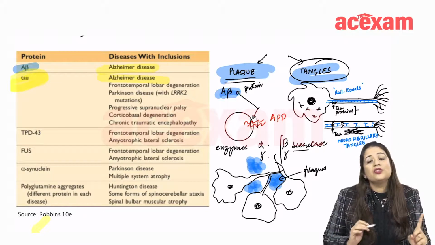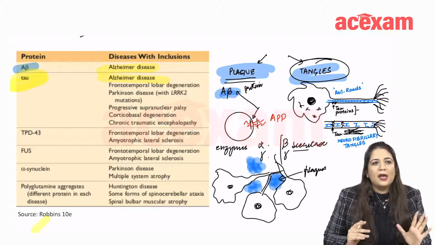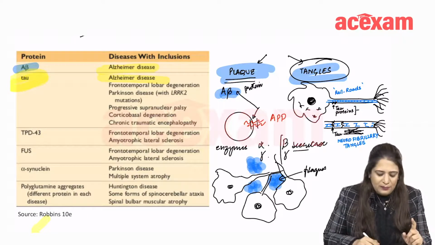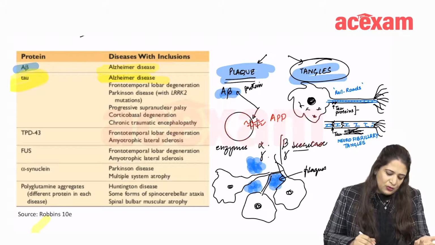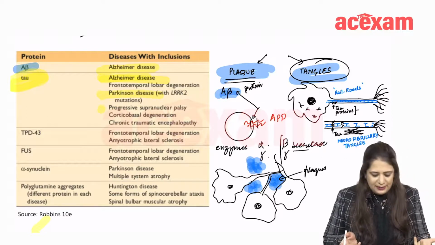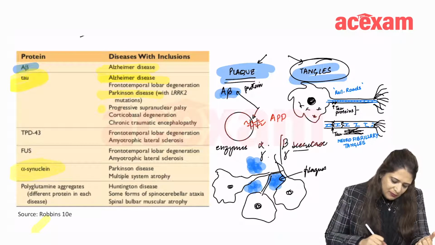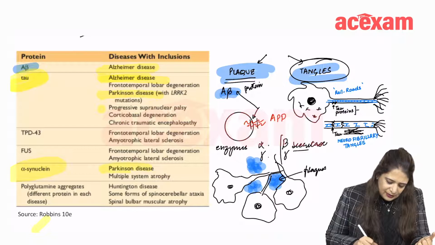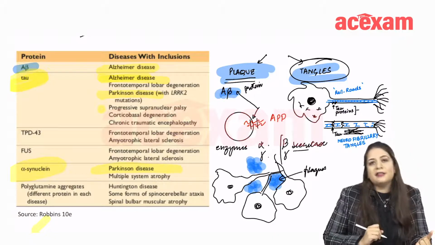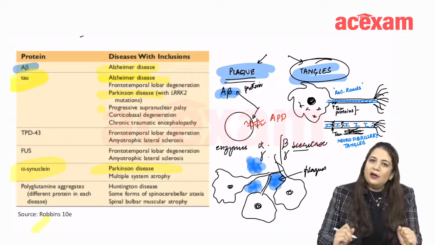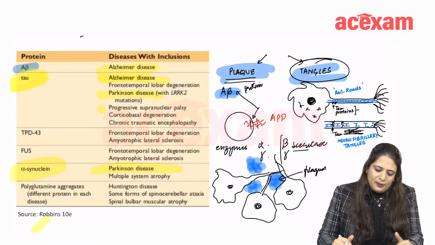So if the option is to select one best option, the answer would be Alzheimer's. But if there were more, it is also seen in Parkinson's disease and even progressive supranuclear palsy and whatnot. Then also within this table, it is important to remember that alpha-synuclein is the one which is seen in Parkinson's disease deposition. Alright, so can we move ahead?